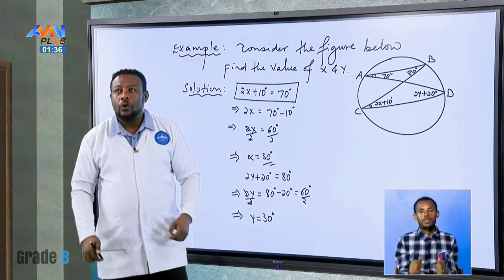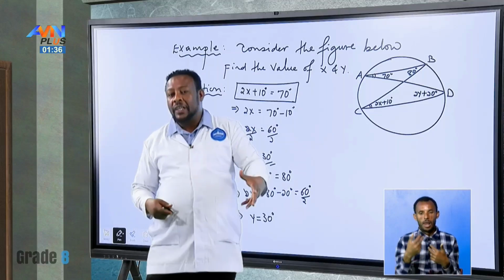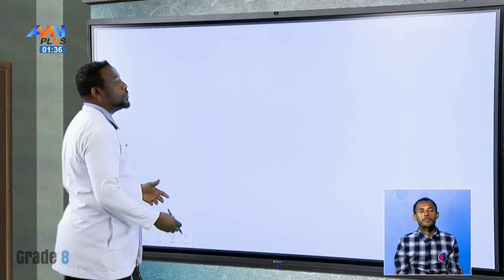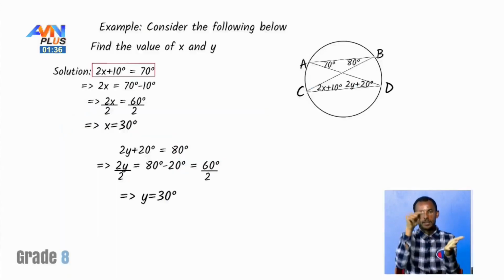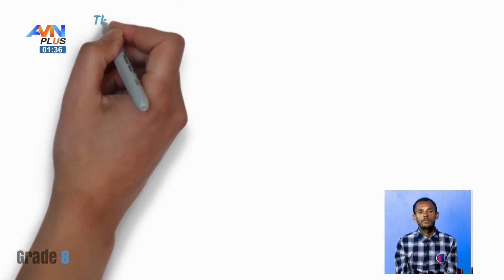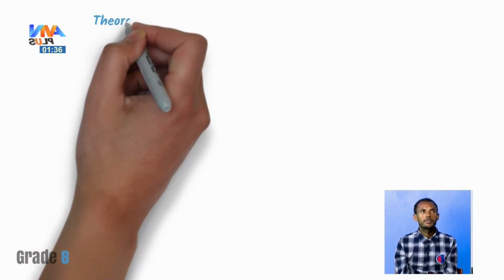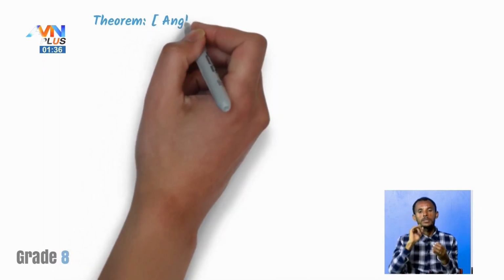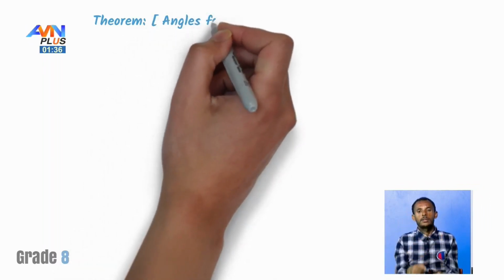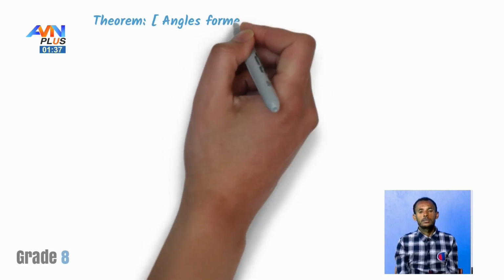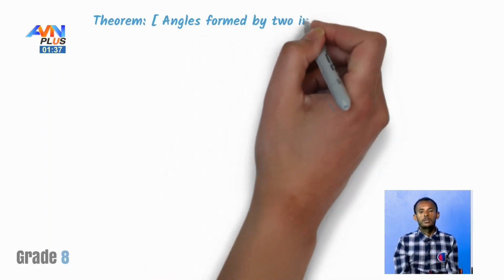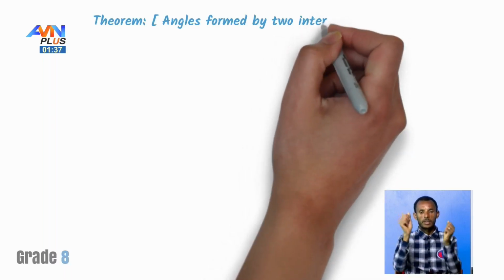Now we will have one more theorem, which is about angles formed by two intersecting chords. So the last theorem is about angles formed by two intersecting chords.